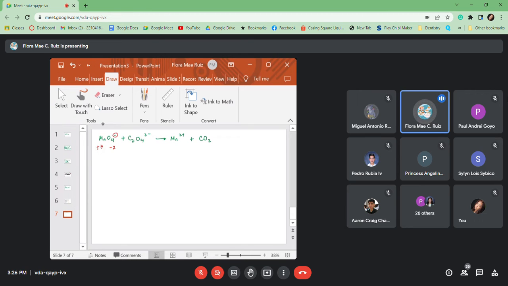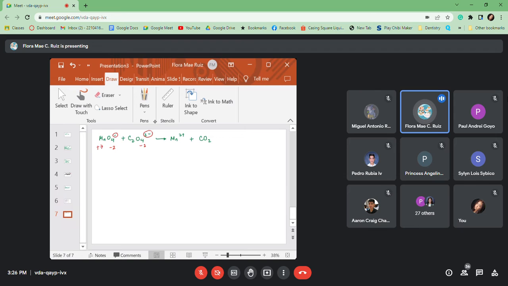Okay, so your manganese has plus 7 oxidation. Next, your C is oxidized. So again, minus 2 for oxygen, 2 times 4 is 8, but you have a net charge of 2 minus. So what do we add to 8 to get 2 minus? That is 6. So negative 8 siya.